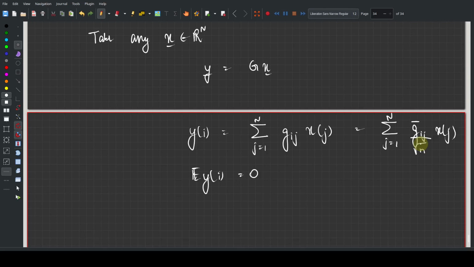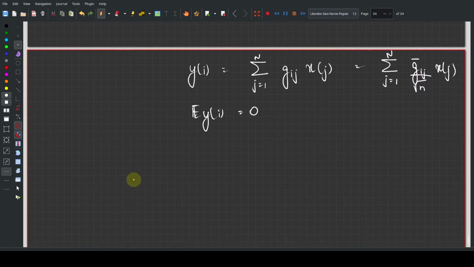Okay, in this case, what is the variance of y of i? It's a sum of independent Gaussian random variables, not identically distributed. If I look at this quantity, each random variable is scaled by x of j divided by square root of n.